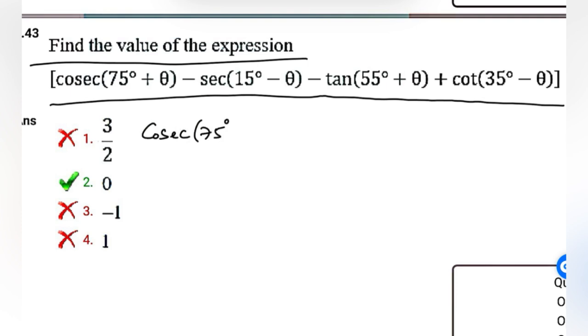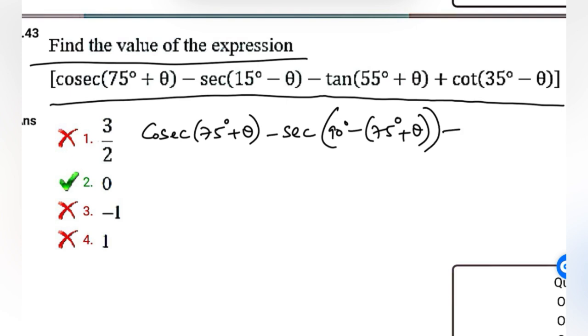Cosecant 75 degrees plus theta minus, let's write secant 15 minus theta as secant 90 degrees minus 75 plus theta. Minus tan 55 degrees plus theta, and write this cot 35 degrees minus theta as cot 90 degrees minus 55 degrees plus theta.